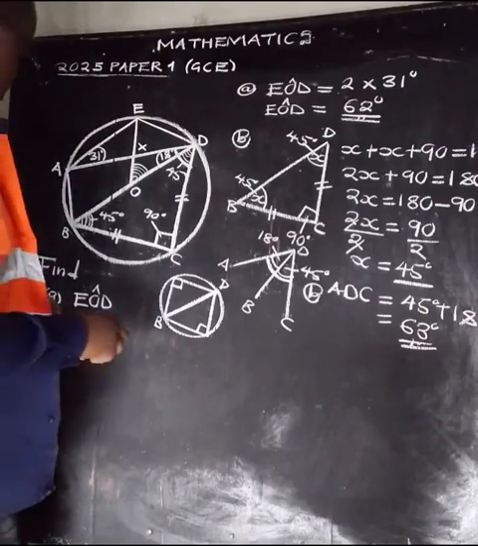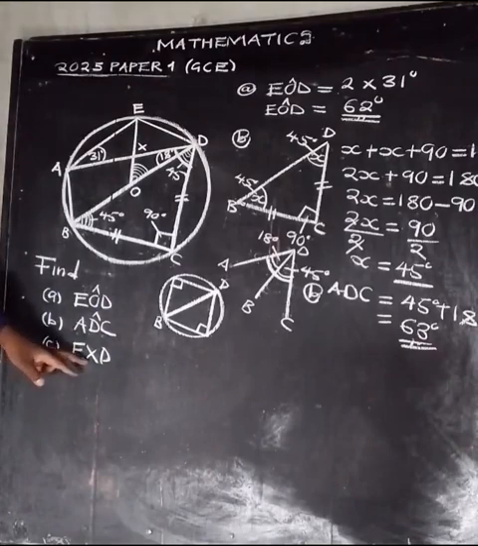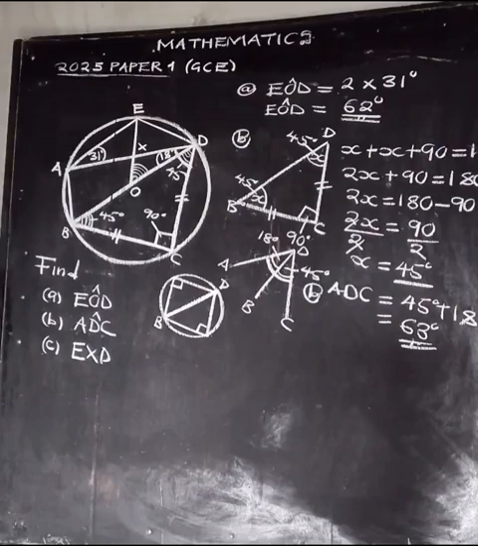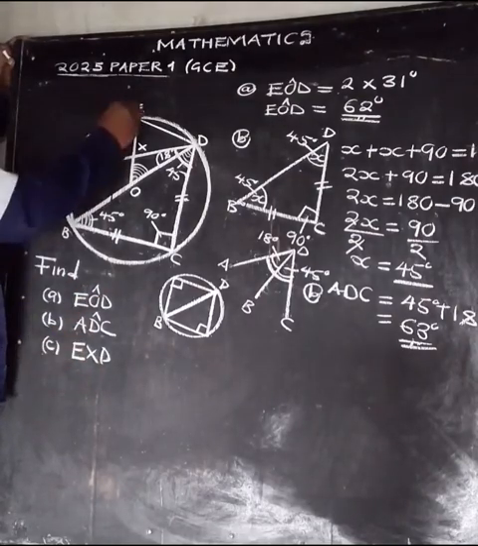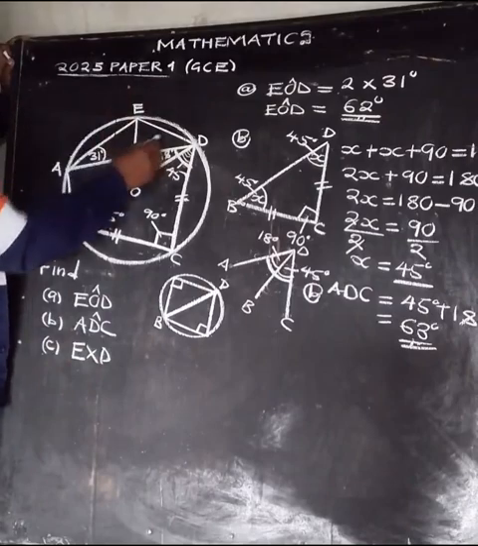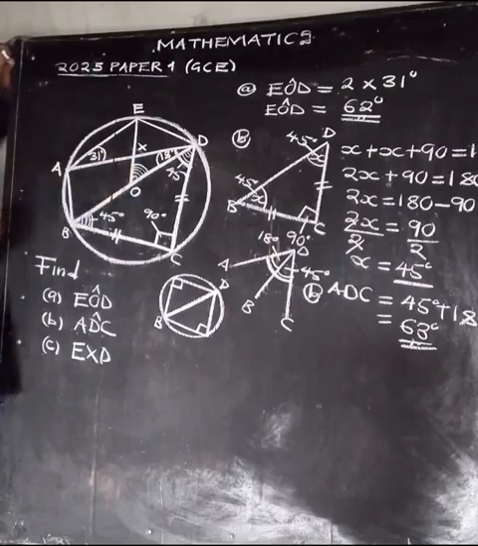Okay, for question B. Now question C, we're told to find EXD. Where is E? They want us to find this angle, this small angle.